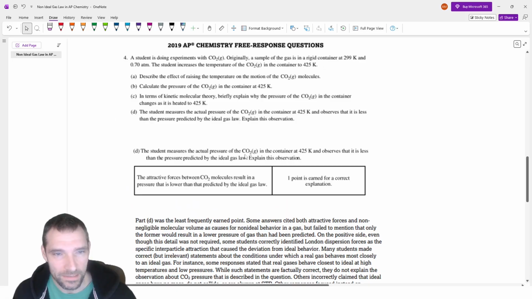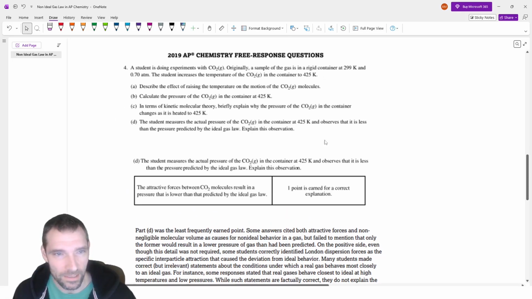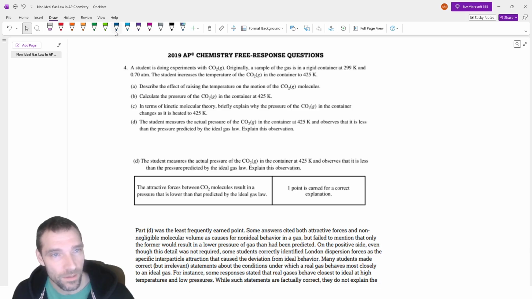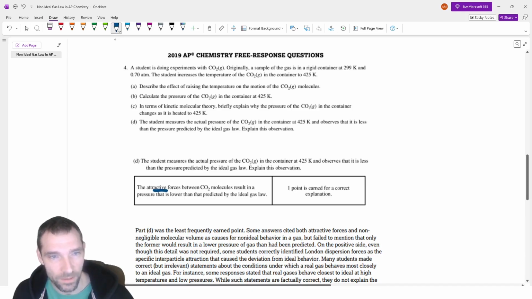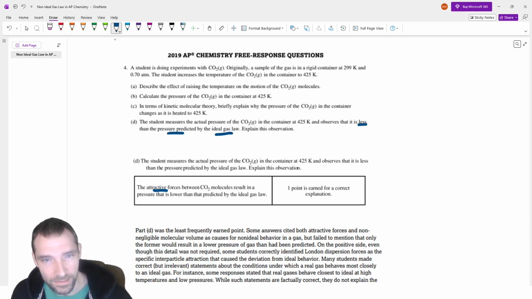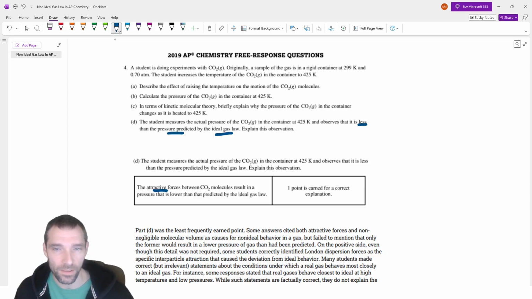In the 2019 question, you can see that part D here, the explanation can only be about this attractive force, because the pressure is less than the pressure predicted by the ideal gas law, so the volume explanation just does not make sense.